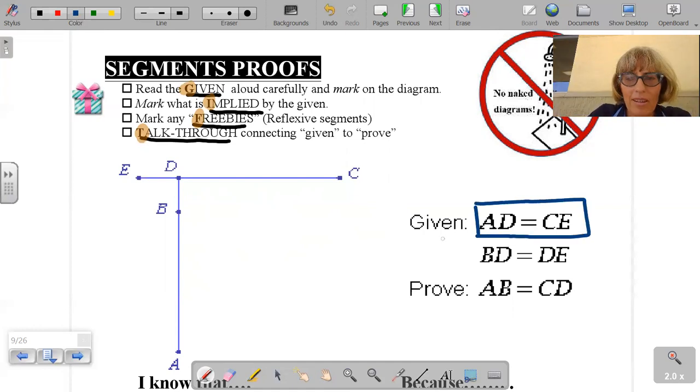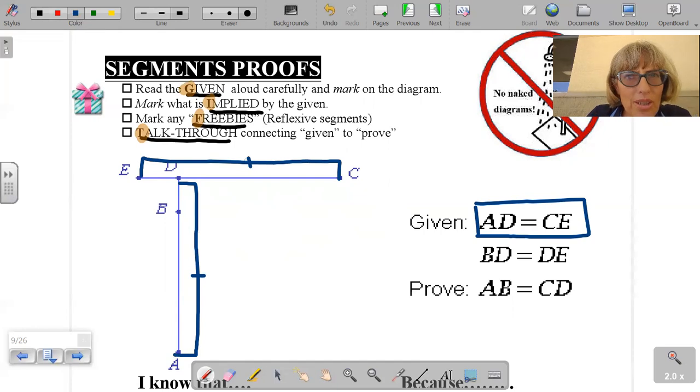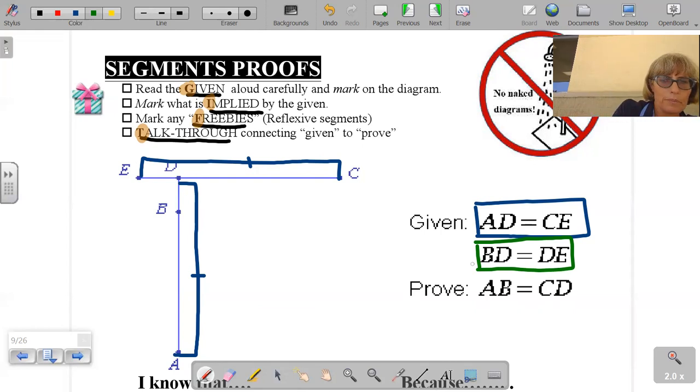We are given that AD and CE are congruent, equal in length. Notice the hatch marks. We're also told in the same diagram, in green, that BD and DE are also of equal measure.